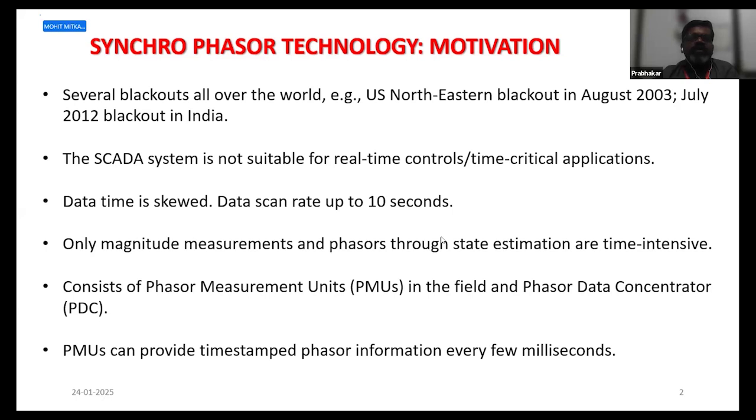So what we can understand is the so-called developed countries still cannot conveniently say that we are 100% secured or the system is 100% reliable. There are a lot of challenges that still come and disturb the network and create the scope of doing research on the power system network. That's the final takeaway from these types of blackouts.